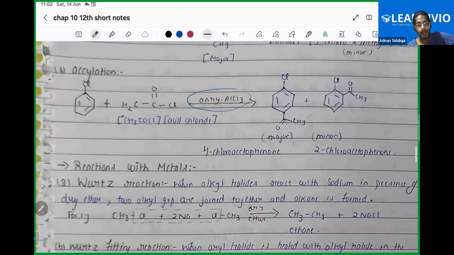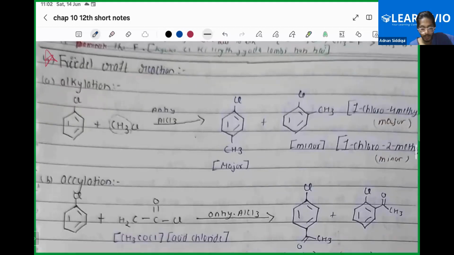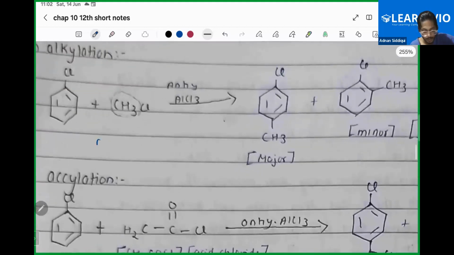The important thing is anhydrous AlCl3. Without this, the reaction won't go forward. Why? Because anhydrous AlCl3 is converting our compound into an electrophile. CH3 plus we get after this. Should I show you? CH3Cl, AlCl3. Similar to the Cl2 part, AlCl3 will attack. And if it is donating its own electron, then it will get a positive charge.